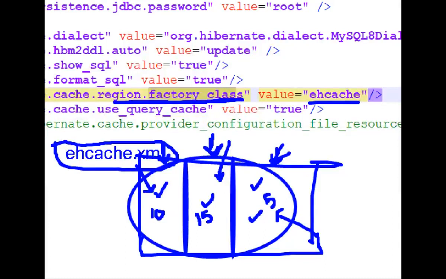How to identify every region? Every region can be identified with a name. We can give a name. Are you getting my point? Every region can be identified with a name. Yes, we can divide and we can identify it with a name. Let's see.